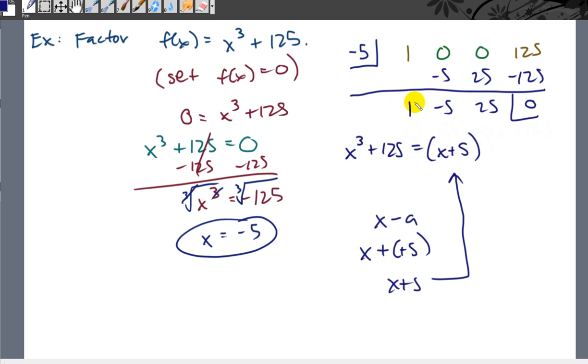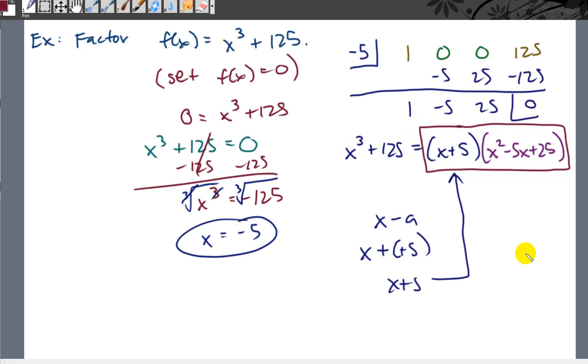Then we write out our other expression, which is 1x squared minus 5x plus 25. So this is x squared minus 5x plus 25. This right here is our answer. This is how we would factor this completely.